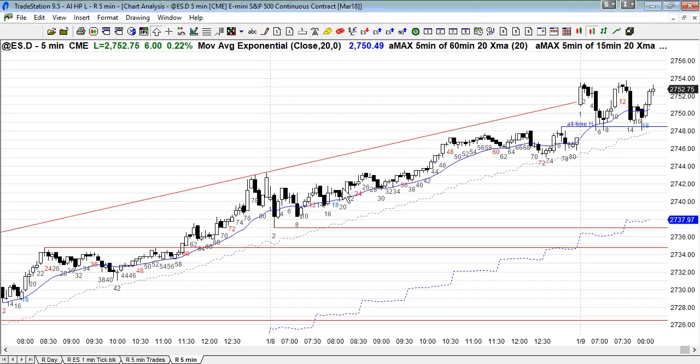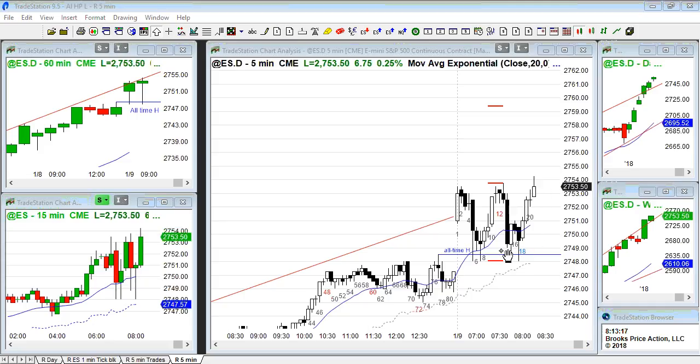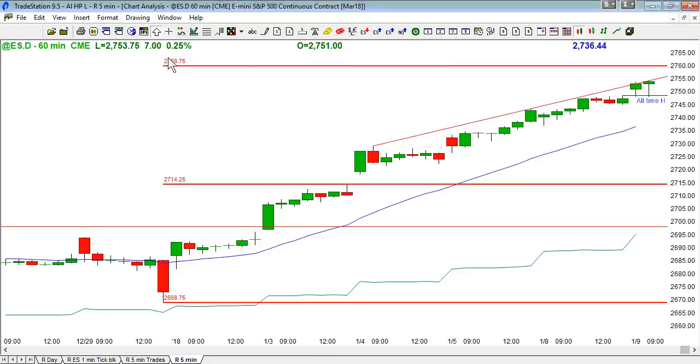Like yesterday, here's bar 18. This is the top of the range, not a strong breakout. So a lot of traders prefer to buy a pullback. The measured move up from the double bottom takes us almost to 2760, which is right around that measured move on the 60-minute chart based upon that gap.